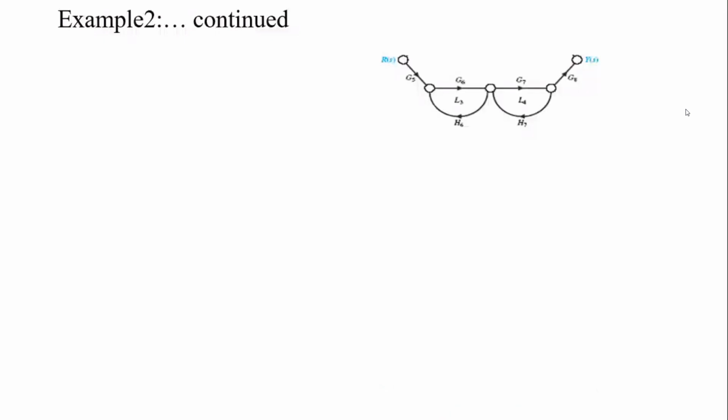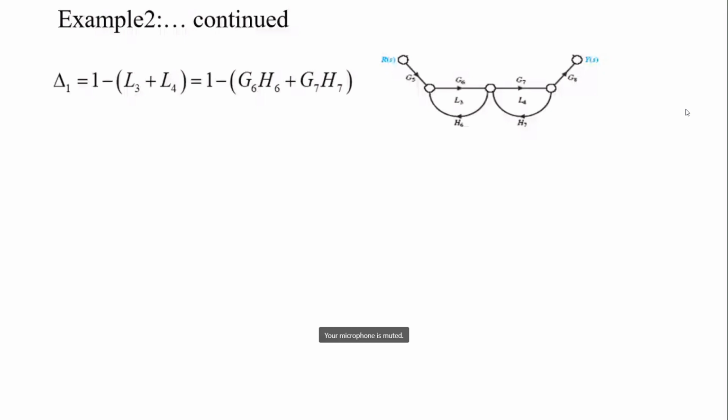So we see here, I'm writing the equation for delta 1. The top is the forward path, so that path is eliminated. Delta 1 will be equal to 1 minus L3 plus L4, because they do not come in the way of that forward path P1.